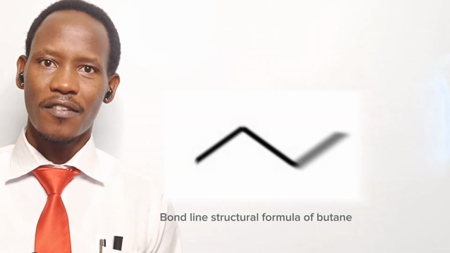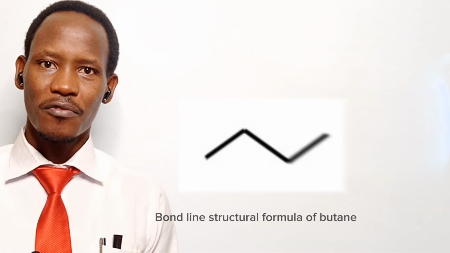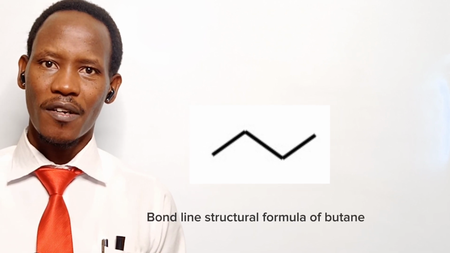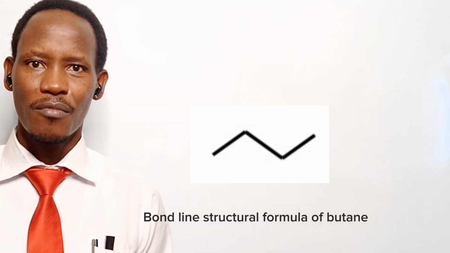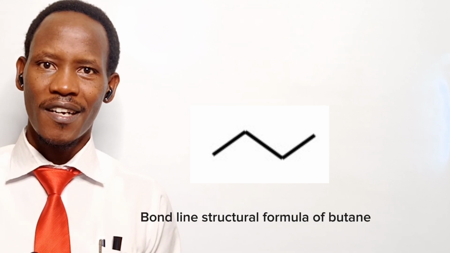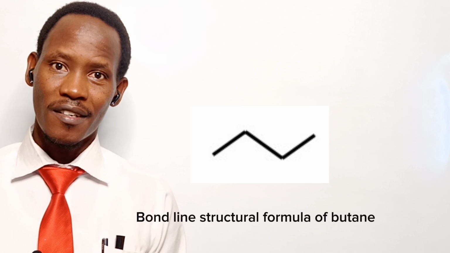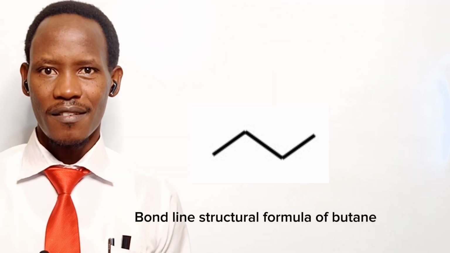Is there any disadvantage in using structure formula, I mean open structure formula, condensed structure formula, and bond line structure formula, as compared to molecular formula? Well, the answer is yes.